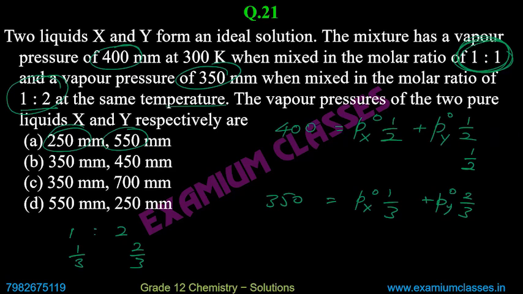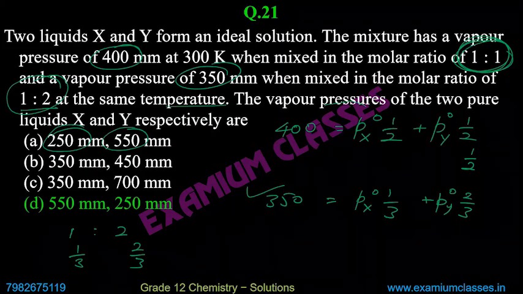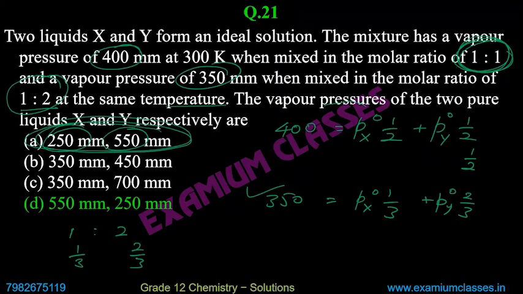Otherwise, you can substitute the values and get the answer quickly. So in this case, also D will be the correct answer. And you can get the answer basically by this one, not by the first one, because if you just use the first one, this will also give you correct answer, A.